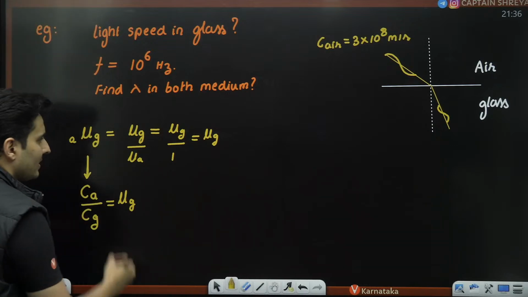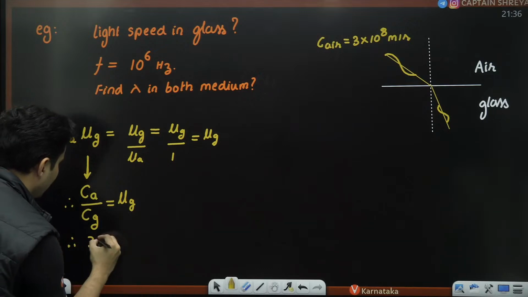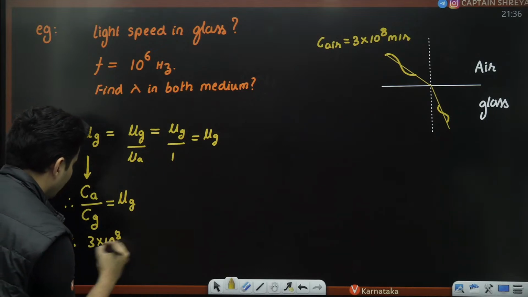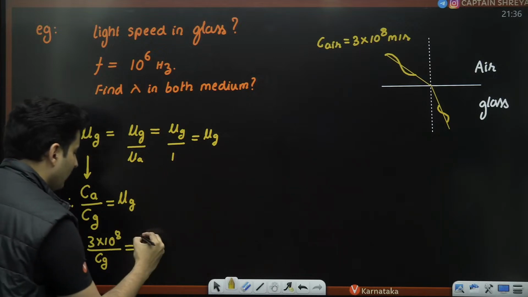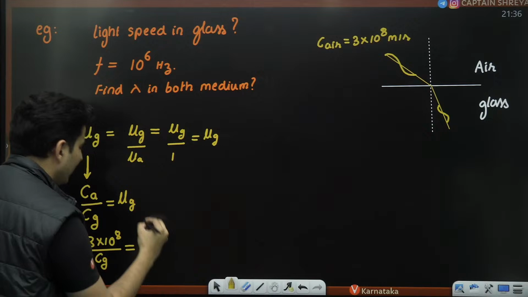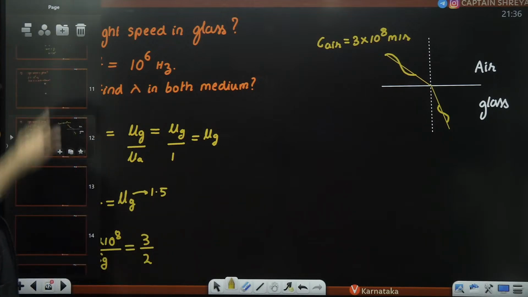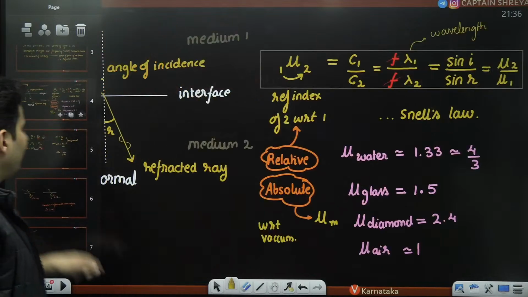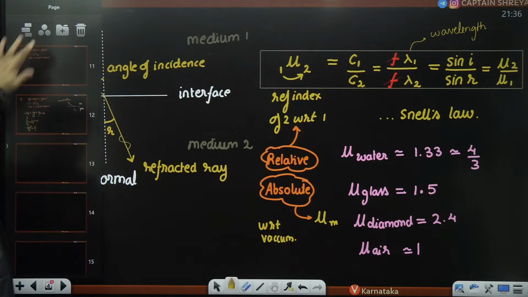Okay, so let's start substituting the values. Therefore, speed of light in air is 3 into 10 to the power 8. Speed of light in glass, I do not know. Refractive index of glass is 1.5 or 3 by 2. Where did I give it to you? Right over here. Usually the value will be given to you, but still I have just memorized it for your sake. Okay.